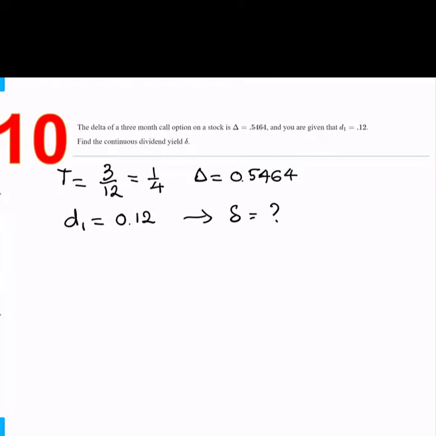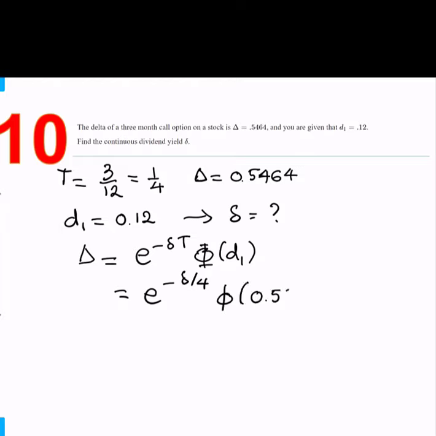So, let's see what we can do with this. Remember that delta is e to the minus delta t times Phi, or N, you can use whichever. Here I use Phi by statistics notation. It should be equal to e to the minus delta over 4 times Phi of 0.12.